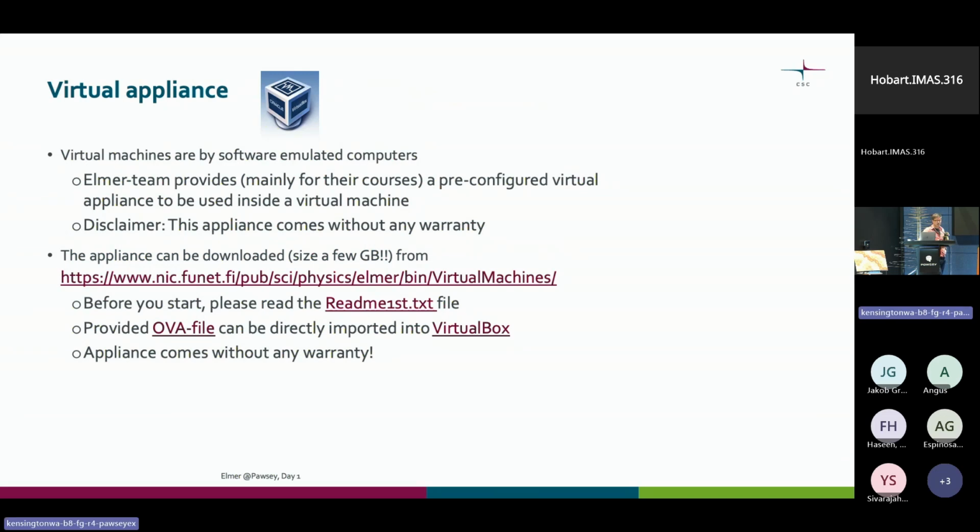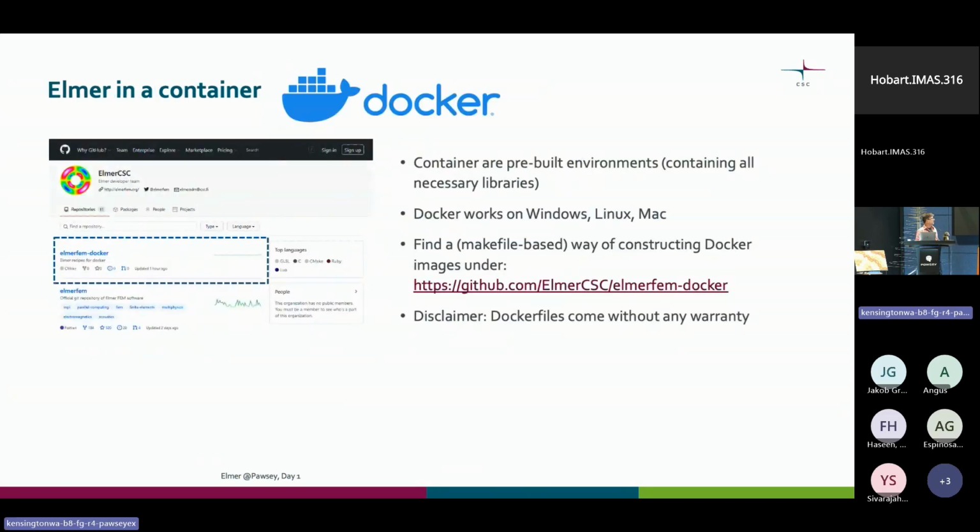Basically, if you install a virtual machine, then it's up to you to compile Elmer inside, or you take one of our ready-made images, which, disclaimer, come without warranty, but with Elmer, ParaView and Gmsh installed therein. It's provided as an OVA file, which you just read into VirtualBox. They are not updated very often, basically once per year when I have a new course with Elmer.